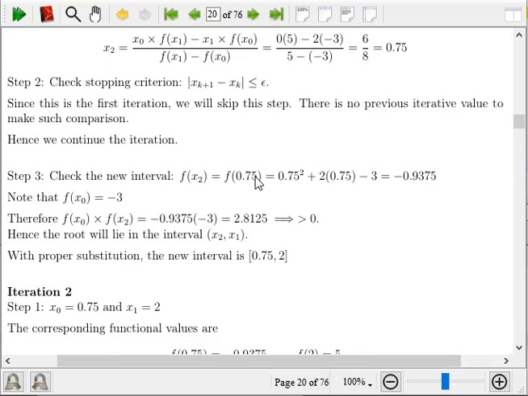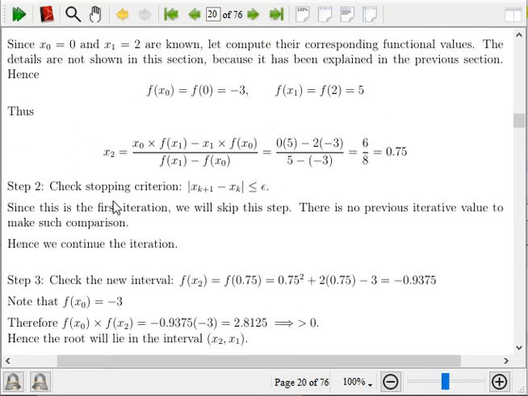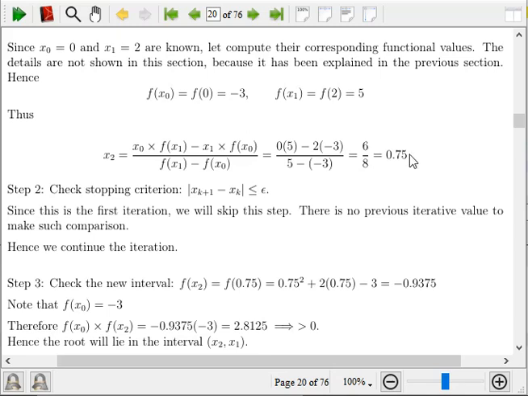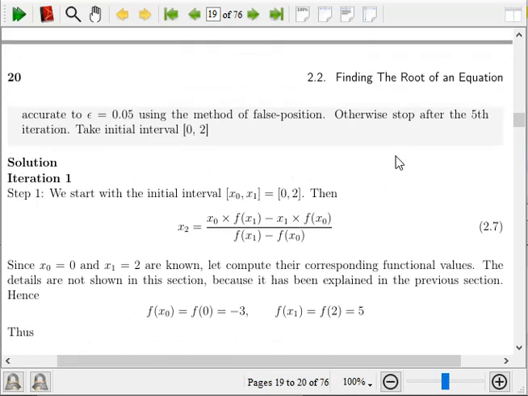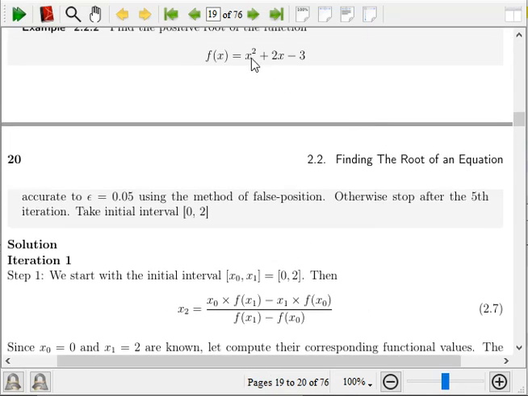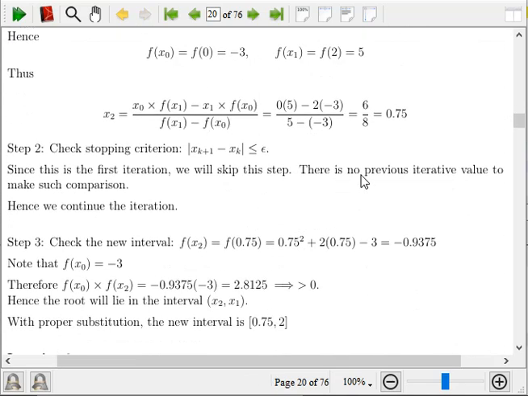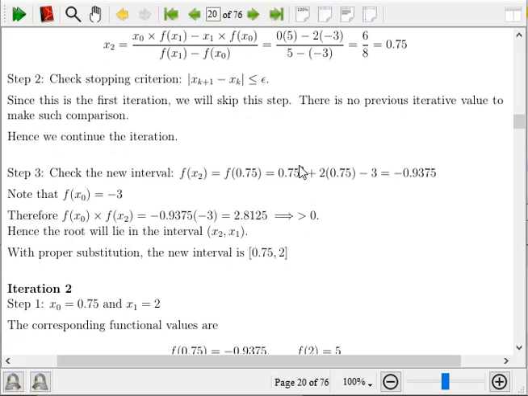The next step is to look for f of x0 times f of x2. We want to check whether it's less than 0. So we know f of x0 up there to be -3. We have to check f of x2, this x2. We plug 0.75 into the function here and we find the corresponding value, squared that, and we are getting a negative value.